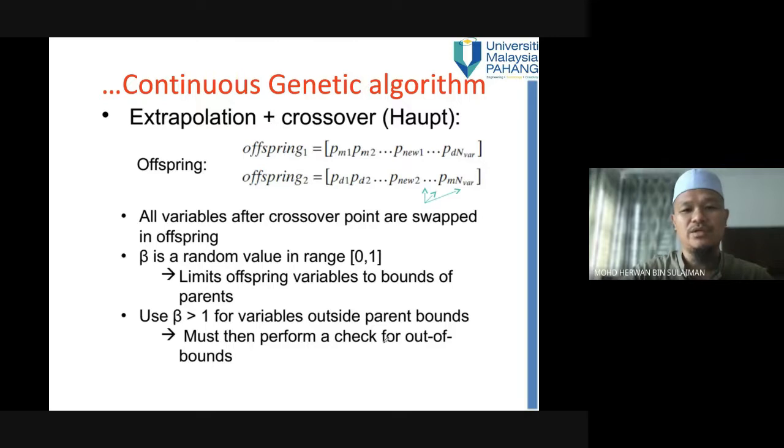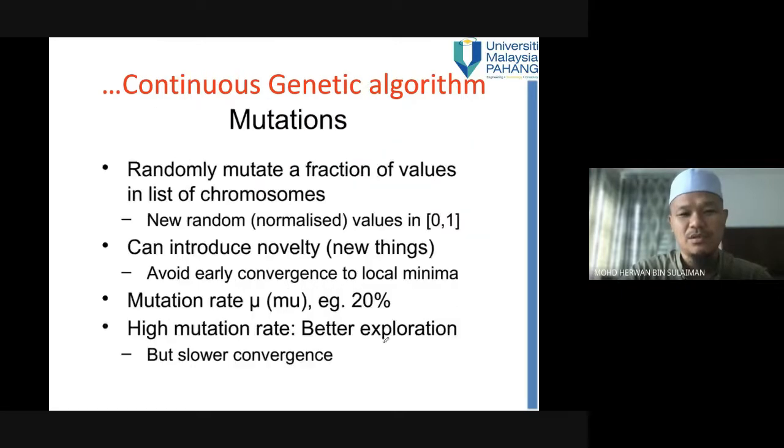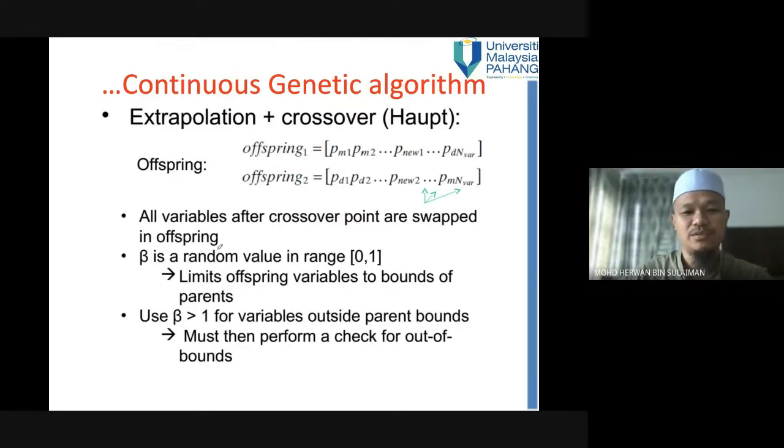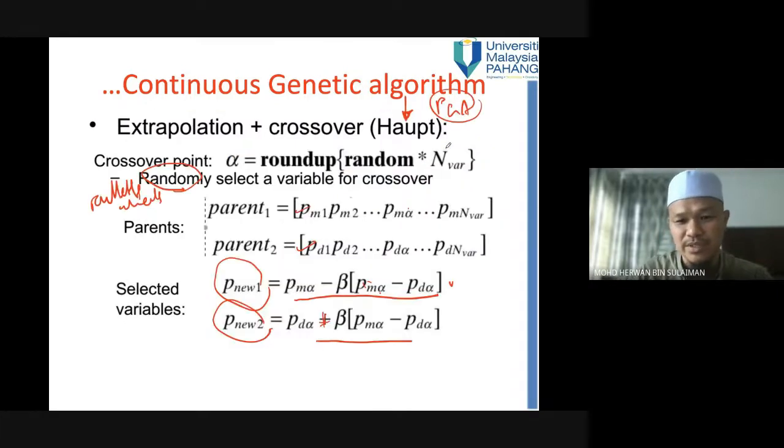Okay, so you get these new offsprings. Okay, and then you swap in the offspring. So as you can see here, you have offspring number one until this one, P new, and then the rest is PD, right?